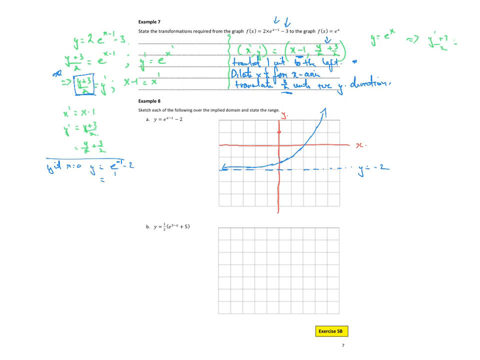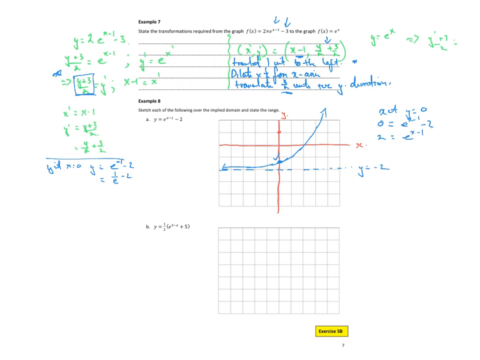And e to the -1, remember, is 1 on e, minus 2. Now 1 on e is about 1 on 2.7 minus 2, so it's a little bit above -2. So that kind of fits. Let's come over here. X-intercept, I put y equal to 0. So I get 0 is equal to e to the x minus 1 minus 2. Take the 2 across.